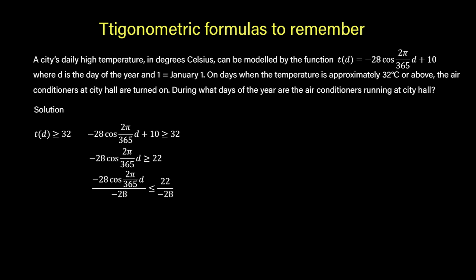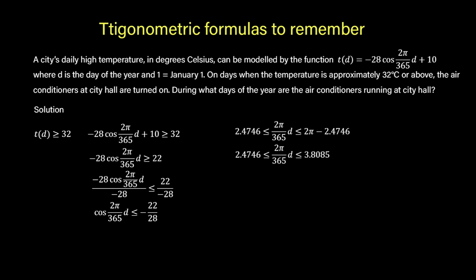If you divide or multiply both sides of an inequality by a negative number, the sign of the inequality will change to the opposite. The answer is, from about day 144 to about day 221.